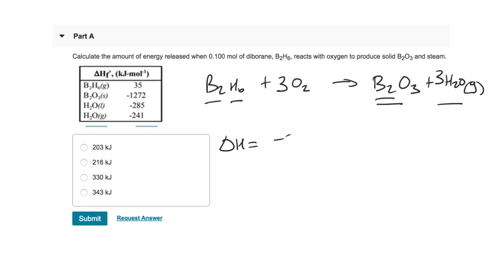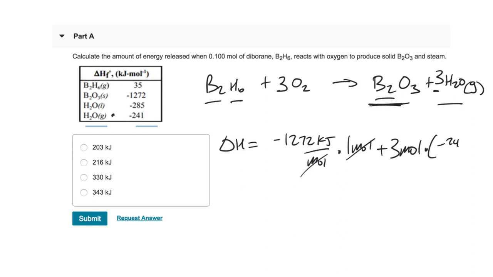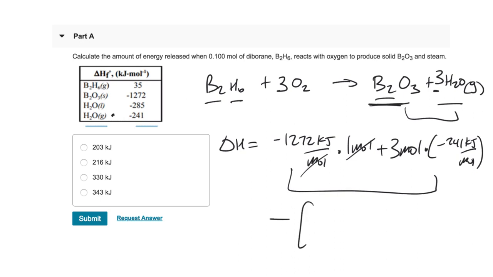So this is how I'm going to take minus 1272 times 1 mole. There's 1 mole of this in the reaction. And then I'm going to add 3 times that of water gas. So this is the sum of the delta HFs of the products, the final state, minus the sum of the reactants.